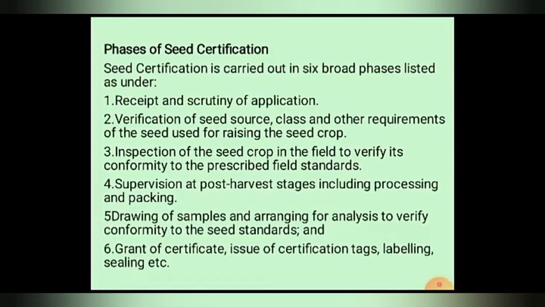Number 4, supervision at post-harvest stages, including processing and packing. Number 5, drawing of samples and arranging for analysis to verify conformity to the seed standards. And number 6, grant of certificate, issue of certification tags, labeling, sealing, etc.